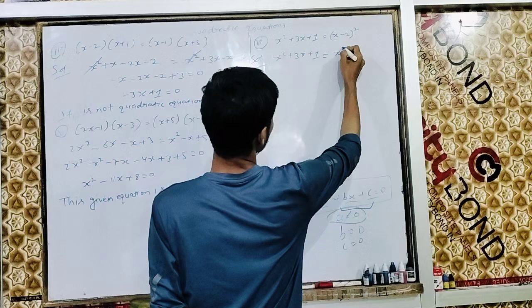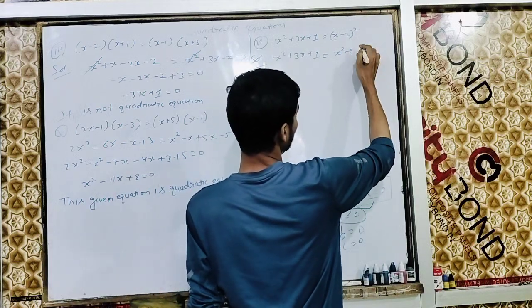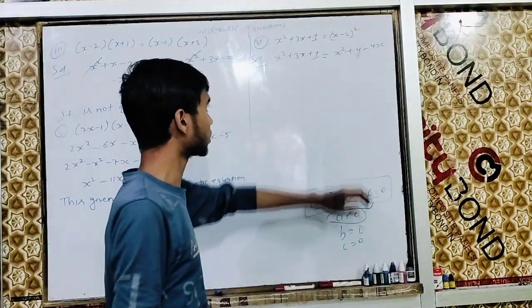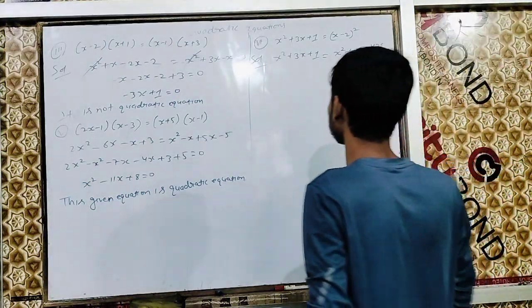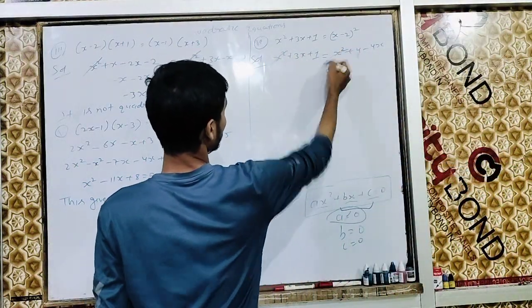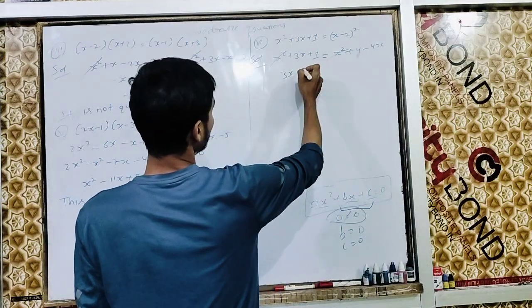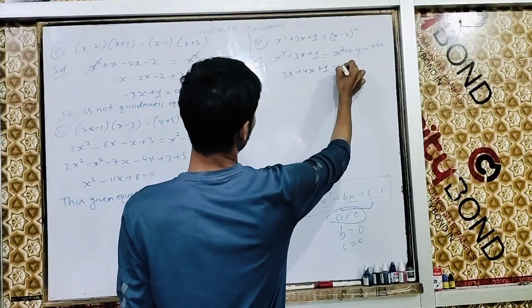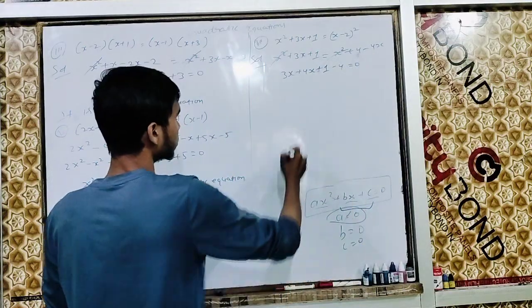In this case, x square, then plus 2 into 4, then minus 2 into 4x. Here we just applied algebraic identities. That's it. Now this is cutting this, and here we have 3x, and this is in minus, it will become plus 1, then minus 4. It is equal to 0.